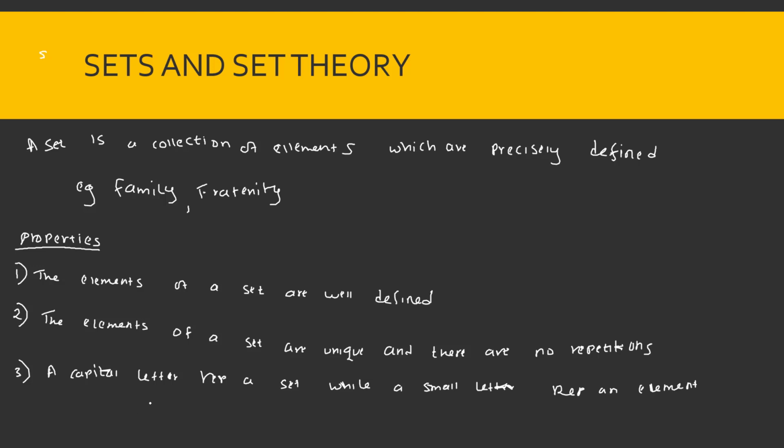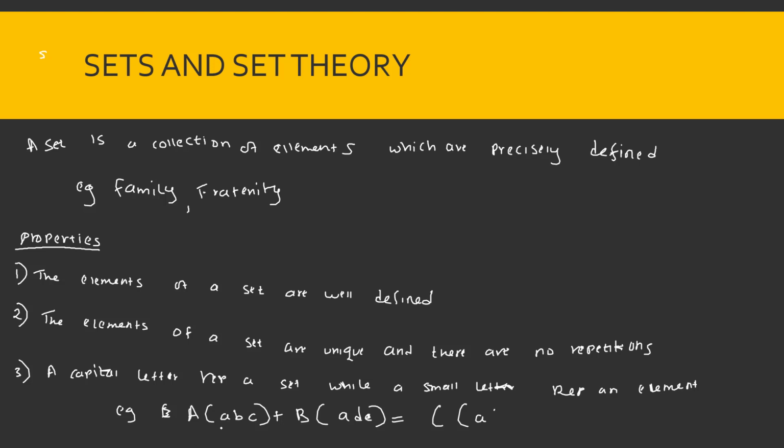So we can have an example of set A, which has elements a, b and c, plus set B which has elements a, d and e. If we add these two, we'll get, say, set C with elements a, b, c, d, e.